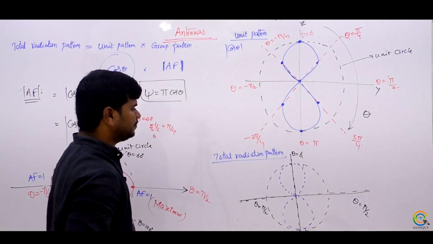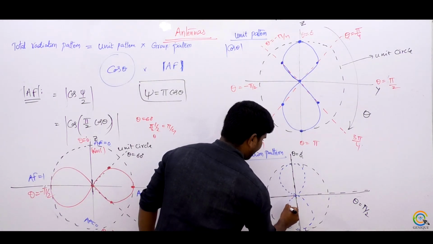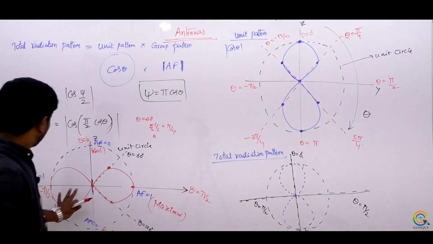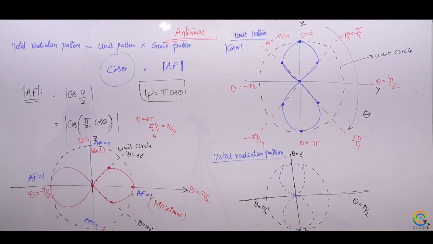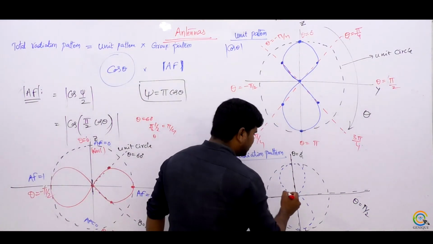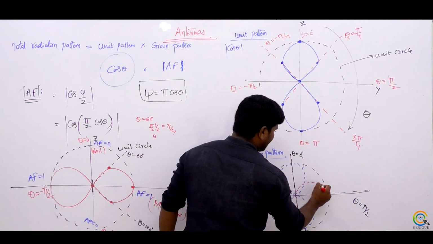The array factor is the red pen, represented in this direction.